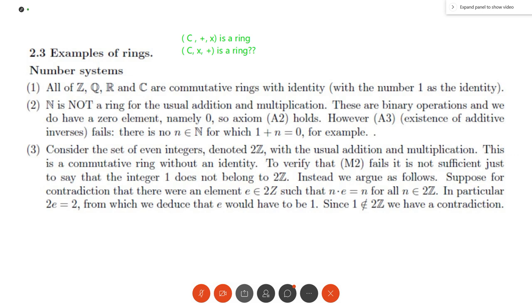First I have to check if C and multiplication is an abelian group or not. So this is my first check. So what is the answer? Then I have to check if C plus is a semi-group.